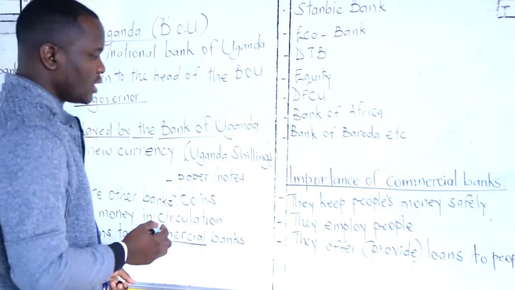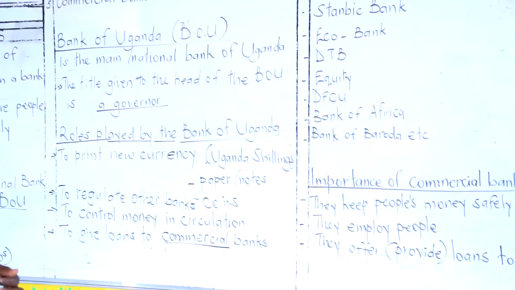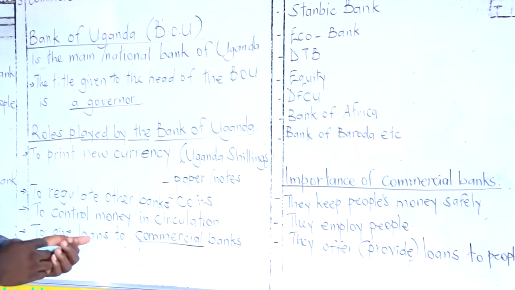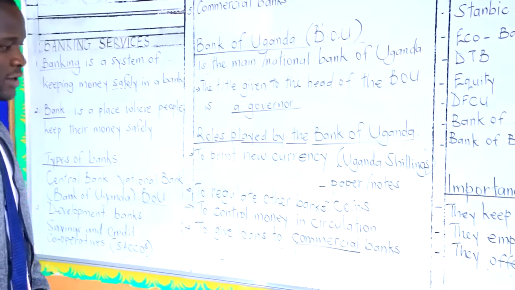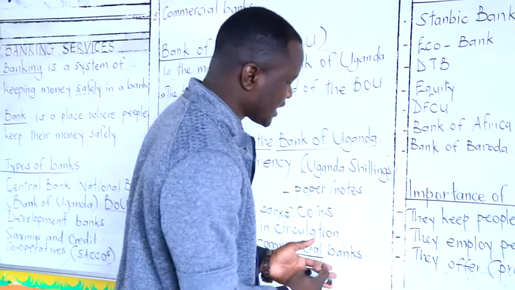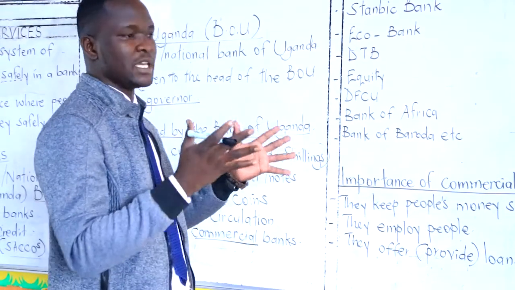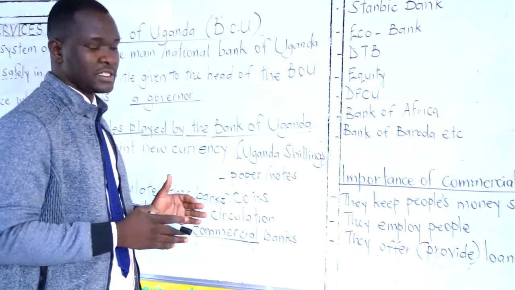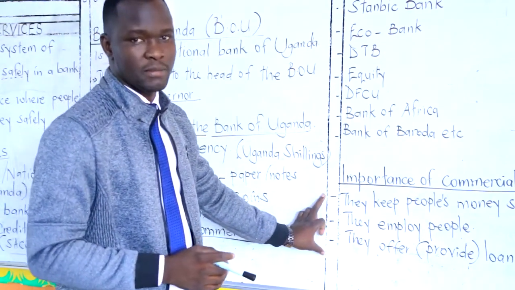Then also, we have some people who keep their important documents in these commercial banks. They are important documents that one might be risking staying with in the house. For example, one can have a land certificate, a marriage certificate, or academic papers. It is very safe to take those papers and keep them in these banks.